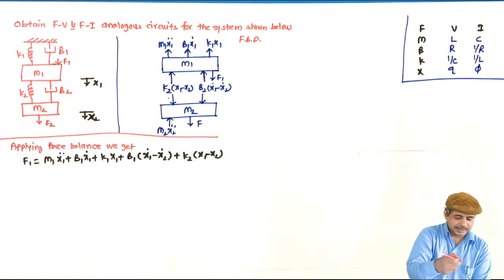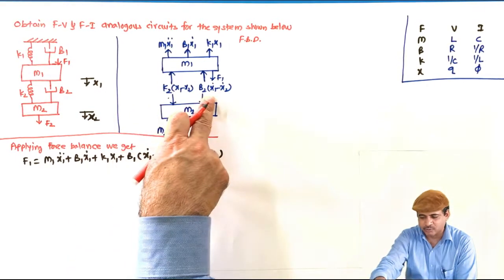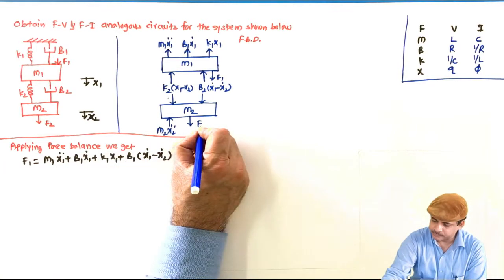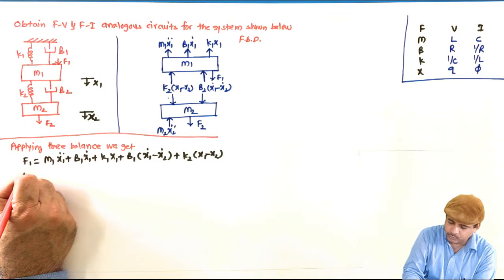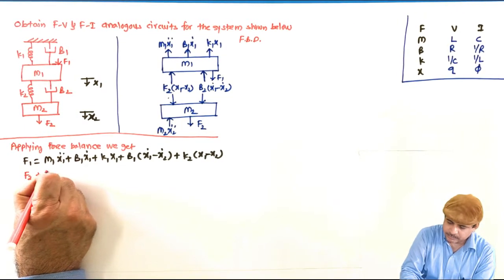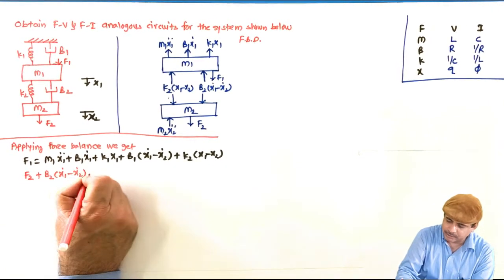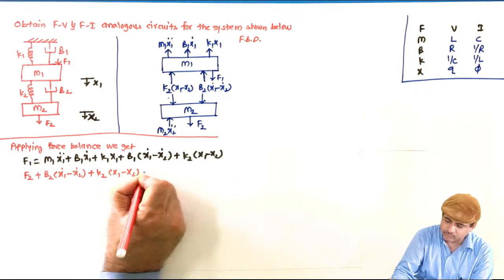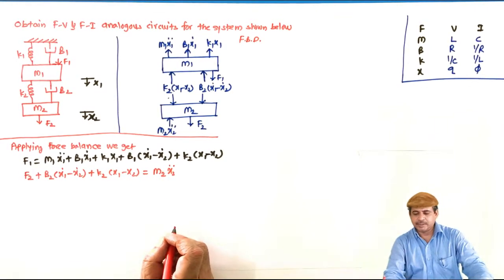And the second equation: this F2 is downwards, these two are also downwards, and will be counterbalanced by this. So F2 plus B2 (x1 dot minus x2 dot) plus K2 (x1 minus x2) will be equal to M2 x2 double dot.